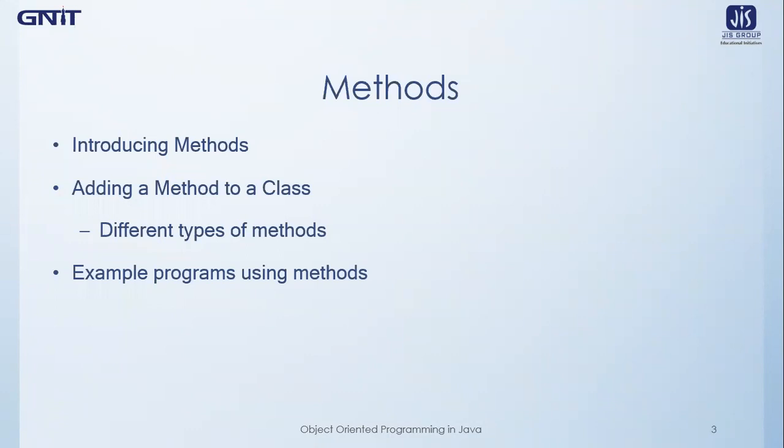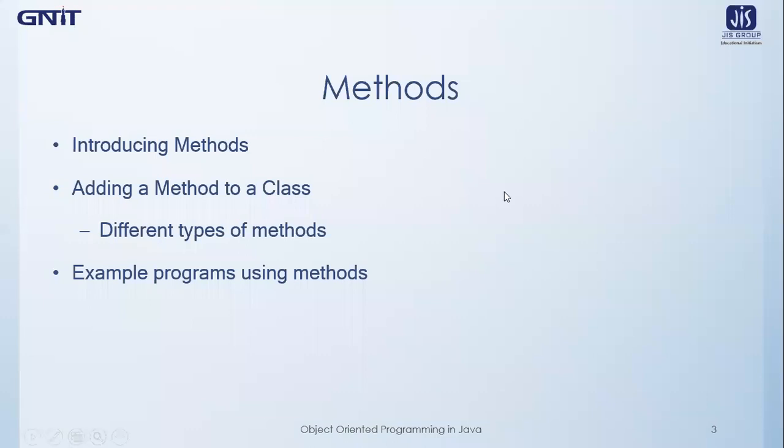Today we will be learning about methods: what the methods actually look like, what the general syntax of a method is, how you can use a method inside a class, what the different types of methods are, and lastly we will do some example programs using methods.